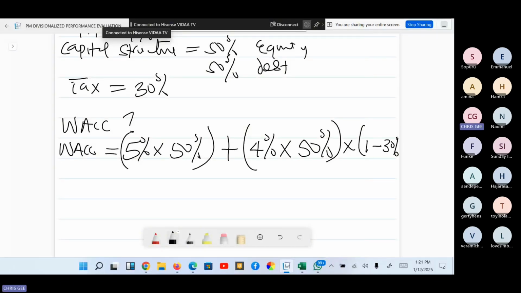So this is 2.5% plus 1.4%. If you do this effectively, you should have 3.9%. Please do it and confirm that you got this figure.